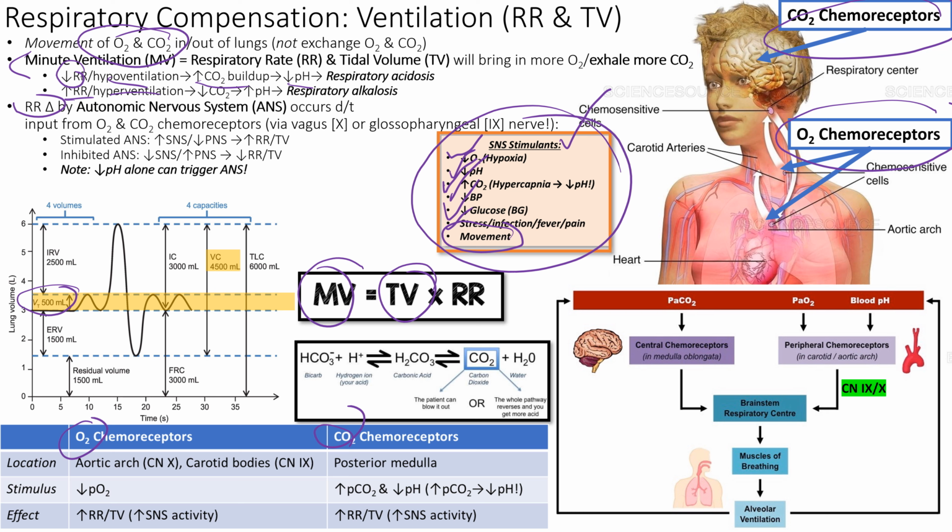Your O2 is sensed out in the periphery, testing the waters right outside the heart, because if right outside the heart has low oxygen, you probably have low oxygen elsewhere in the body, including the brain. Okay, pH is usually the highest determinant. That's really bad because it's going to mess up everything. So when that pH starts getting low or high, your SNS is going to fire off real quick. When would the SNS fire off? Low pH or high pH? Low pH, right?